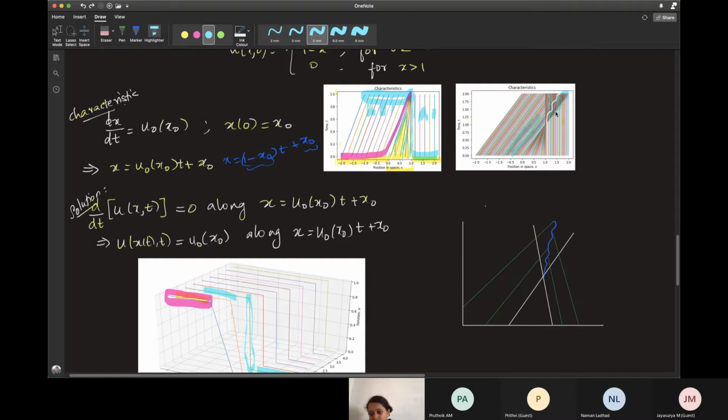This intersection actually occurred because the ones on the right and the ones on the left were converging, and they were just combining at this point. So what you do is you remove one of them. So on the right side, you will only have the lines corresponding to this curve.